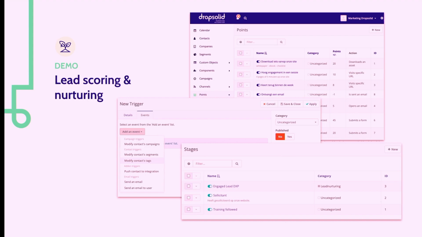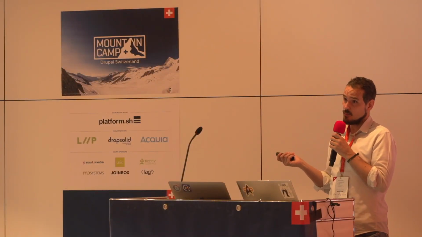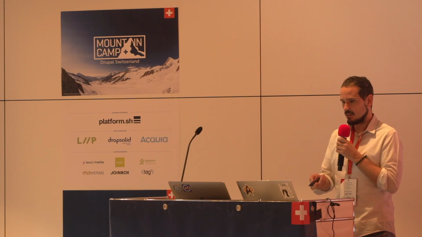So you're not building web experiences only, you're also building email experiences. A lot of communication still goes through email, and you can also do the same with SMSs, and if you can come up with other channels, you can also plug them in.